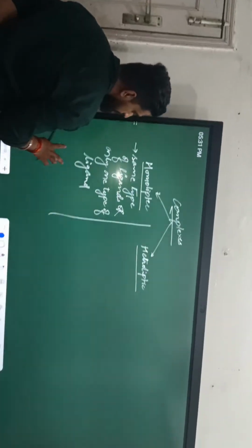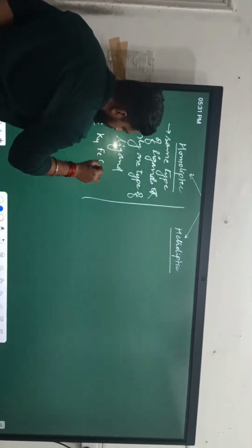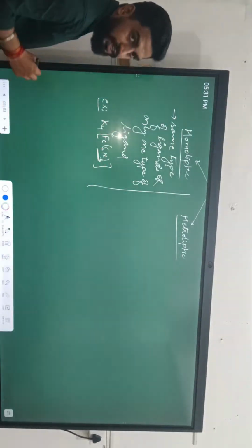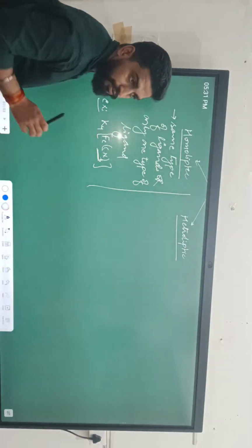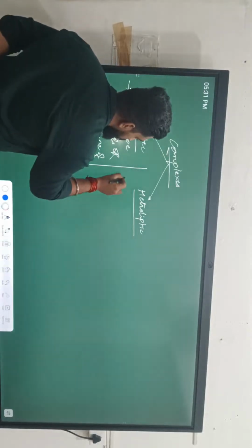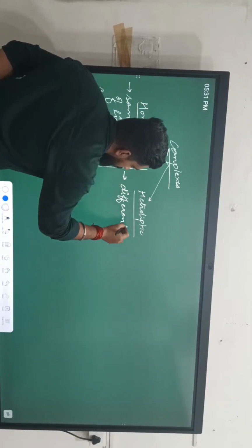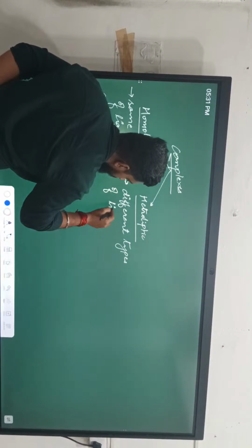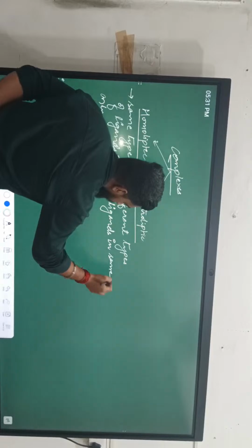I'll share an example. The same K4 Fe CN6. You are observing the ligand used here is cyanide, and only cyanide is used in forming this kind of complex, whereas heteroleptic complexes have different types of ligands in the same compound.